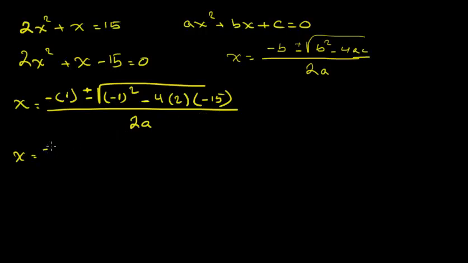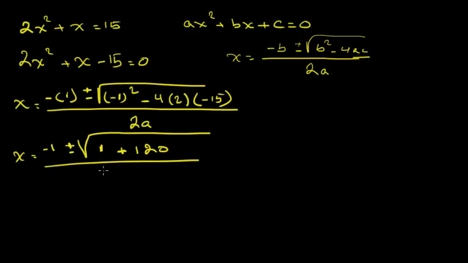So we do the operation. We'll have minus 1, plus and minus. Minus 1 to the second power is 1, minus 4 times 2 is 8, minus 8 times minus 15 is going to be positive 120, right?